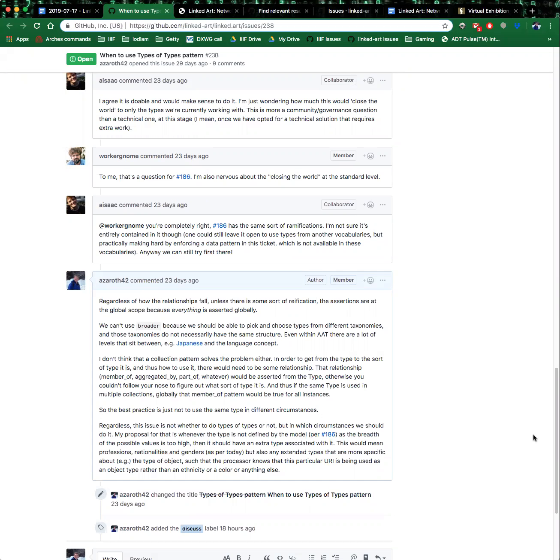As an example, we use classified as for the type of statement that it is, but we wouldn't want to say that the AAT concept of materials is a statement, because it's not.